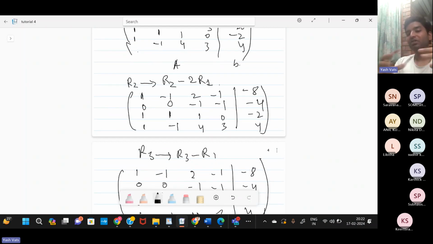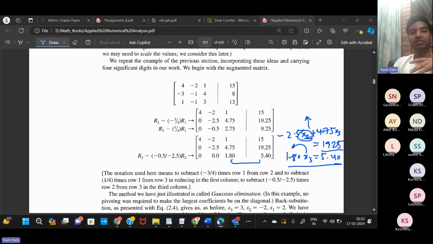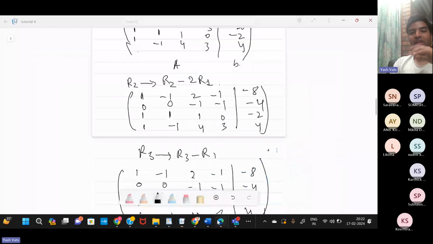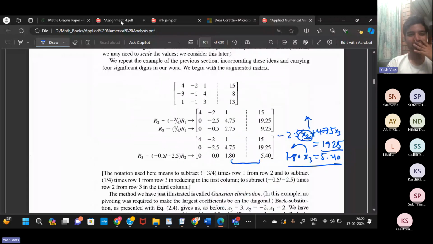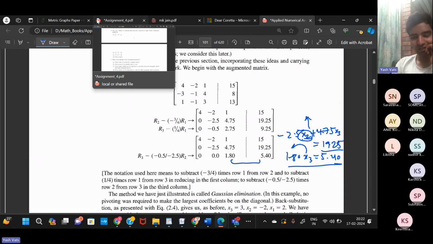In general, Gauss elimination operations count this. You have to see this. If you have any problem, you can write to me. I think the proof is available in the book.